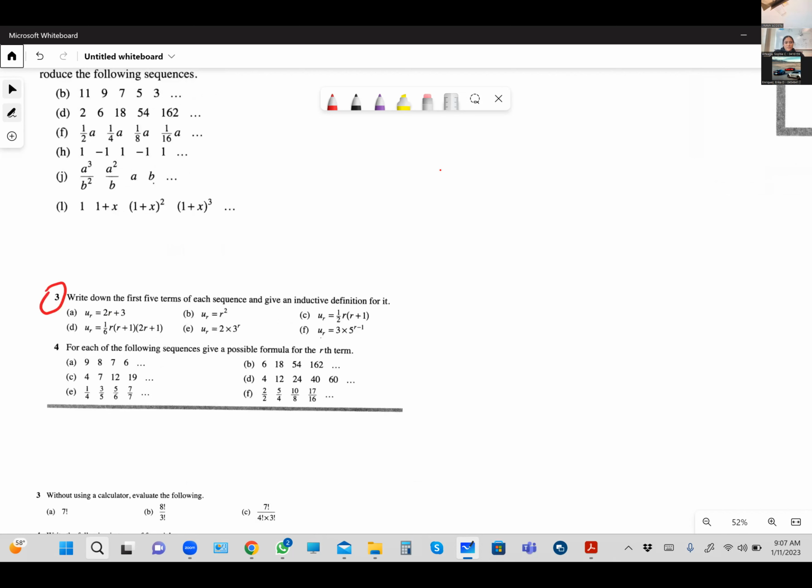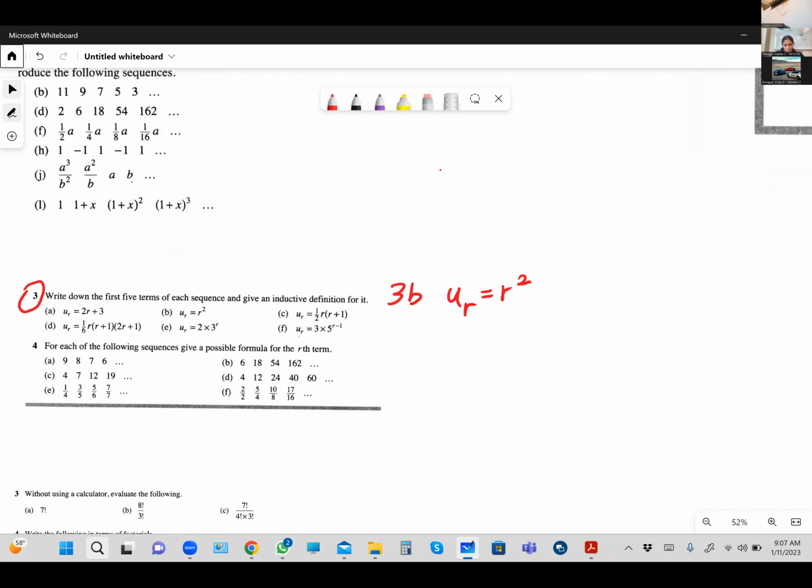B. Okay, so let's go into 3B. It says u of r equals r squared. Now this is basically a formula they're giving you to determine the terms of the sequence. So we begin with 1. If you put 1 in here, you have u of 1 equals 1 squared, which is just 1.